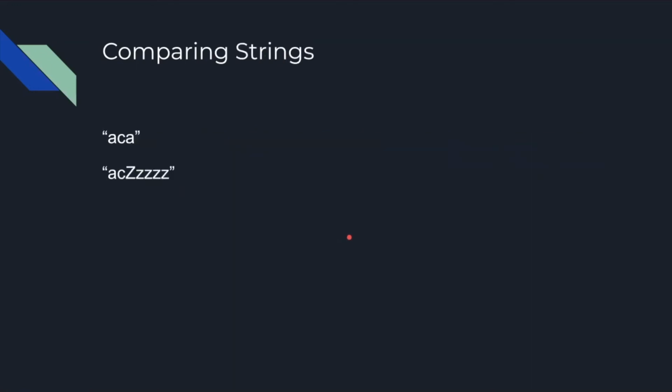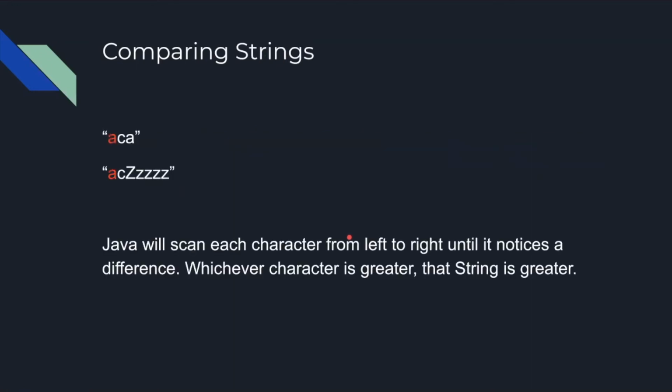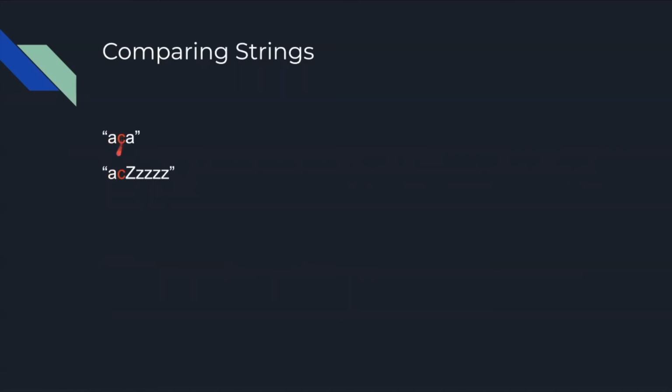And to compare strings, Java will scan each character from left to right until it notices a difference. And whichever character is greater, that string is greater. So first it scans the first letters of the two strings. It notices that they're the same, so it moves on to the second characters and they're still the same.